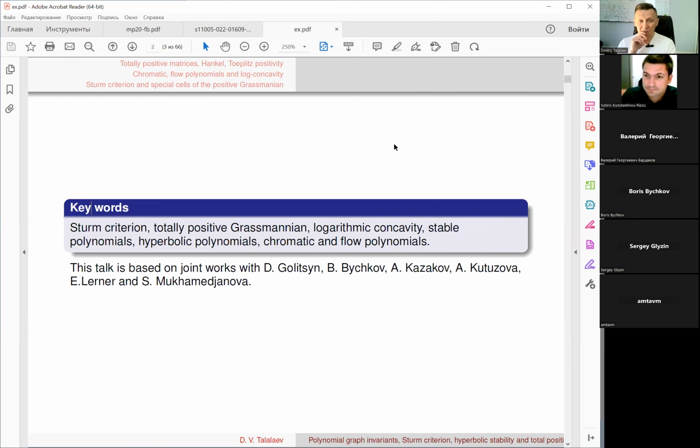And this talk is based on some joint results with students from Yaroslavl, Denis Golitsyn, Alina Kutuzova, my colleagues Boris Bychkov, Anton Kazakov, Eduard Lerner, and Sofia Mukhamedzhanova.